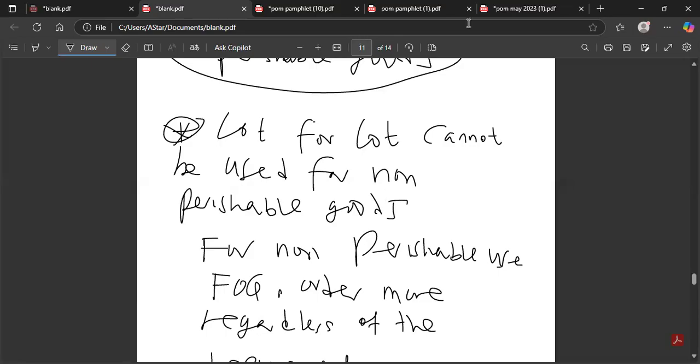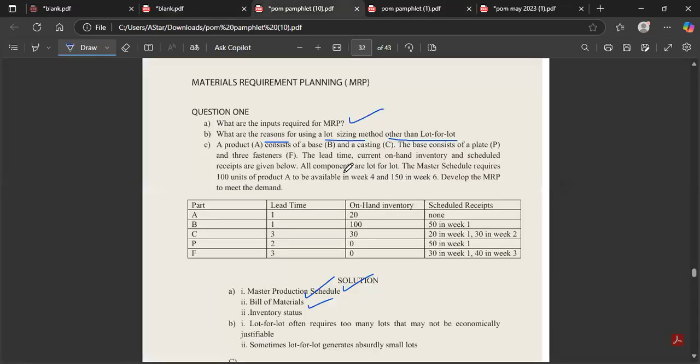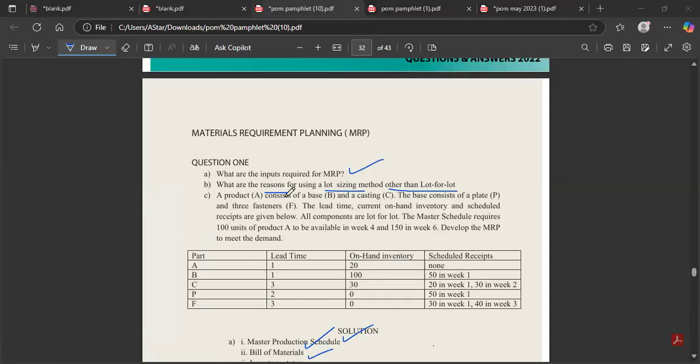So here, we can now look at question number 1. Product A consists of what? Who can come up with a structure for me here? I've given you 5 minutes. So it says product A consists of a base and a casting.